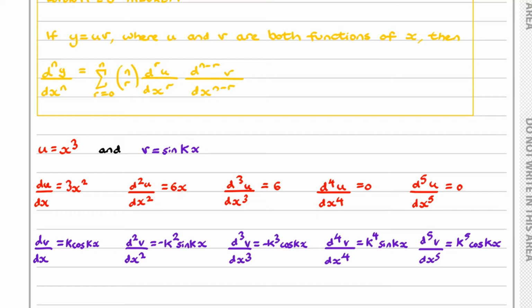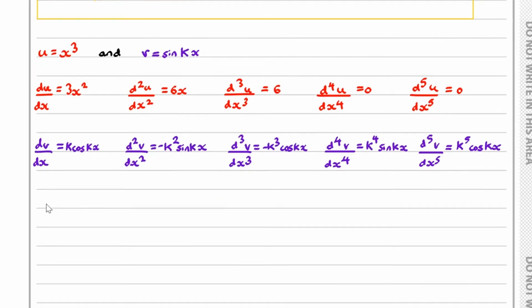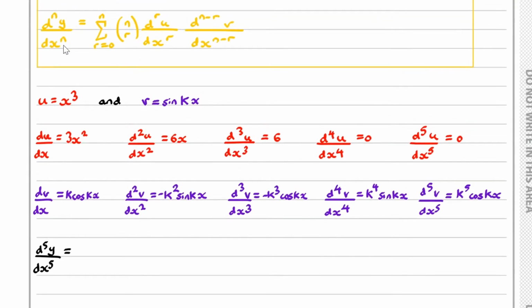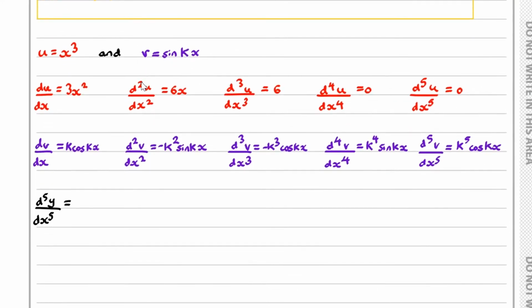Okay, and doing that, we have d5y over dx5. This is equal to, well, if we use the formula starting off with r equaling 0, we have 5 choose 0 multiplied by u multiplied by d5v over dx5.